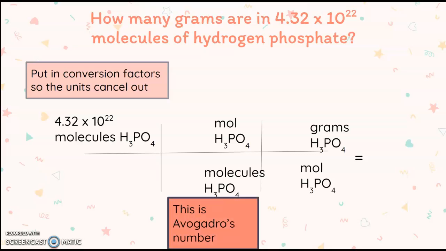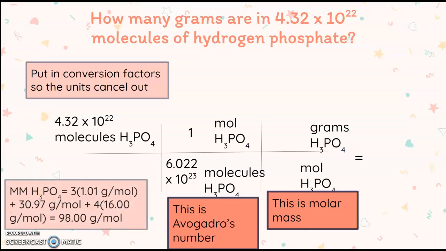Our first, the one in the middle that we're going to be dealing with first, that is moles and molecules. That's Avogadro's number. Remember, 6.022 times 10 to the 23rd goes with molecules, and that is to 1 mole. And then our molar mass, I've calculated it here on the side and got 98.00 grams per mole. That number, remember, goes with grams, and that is per 1 mole.